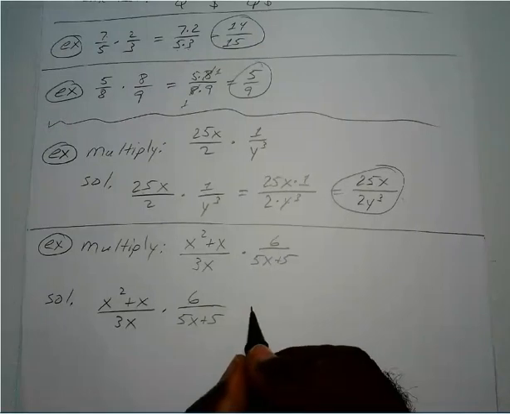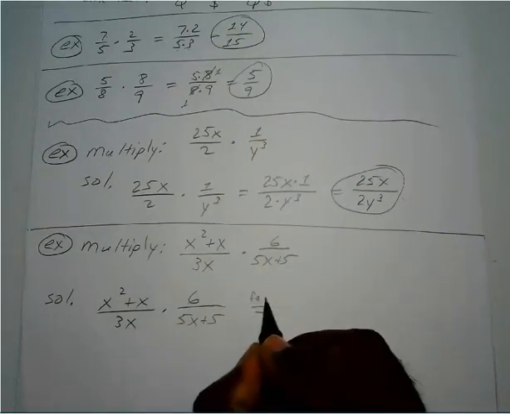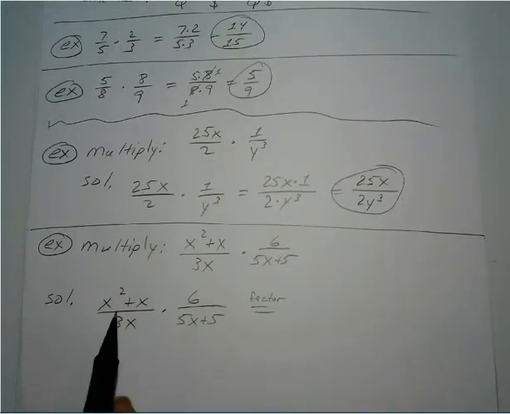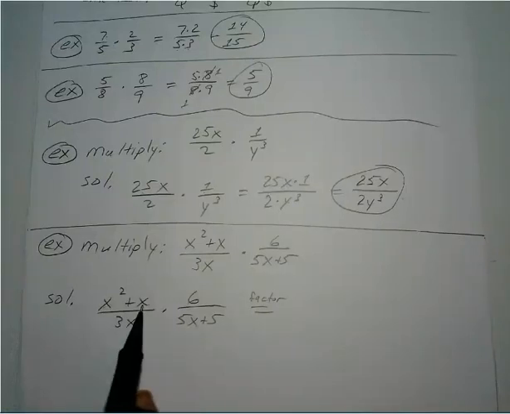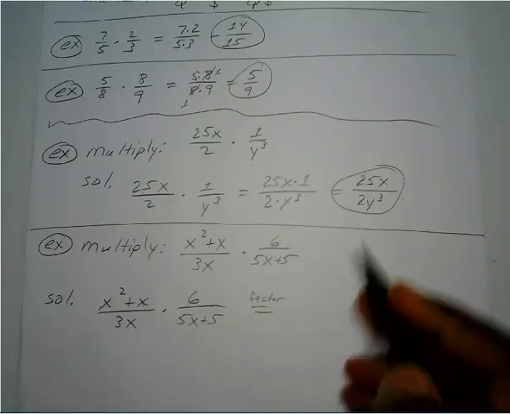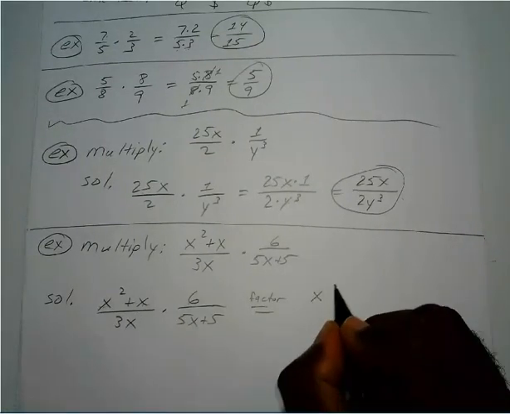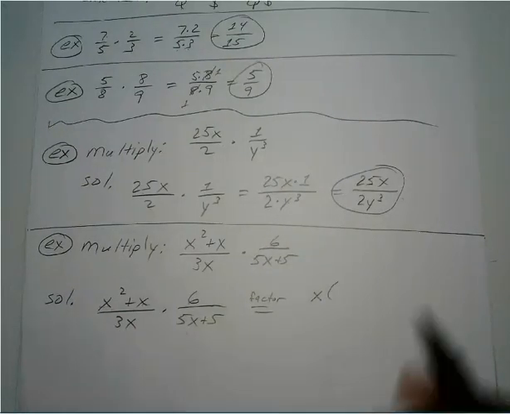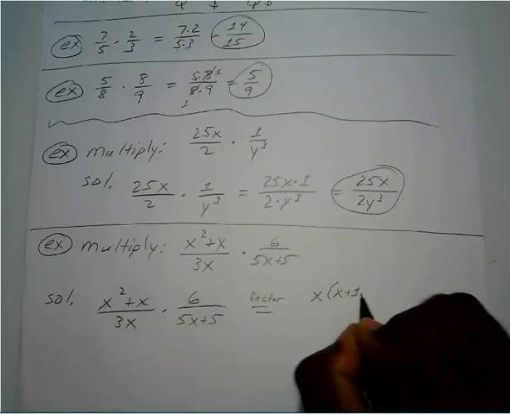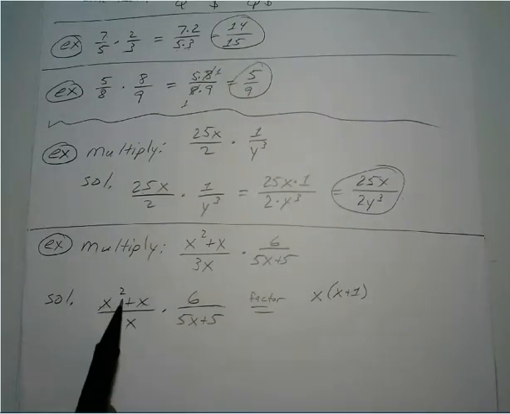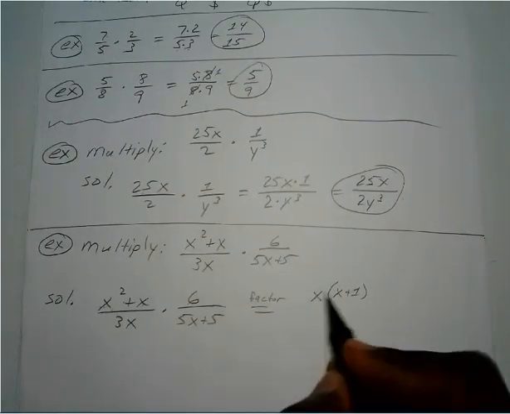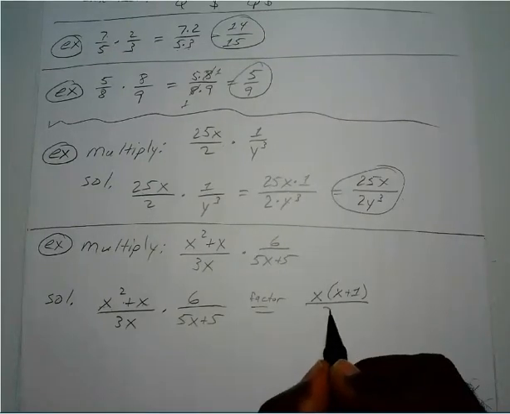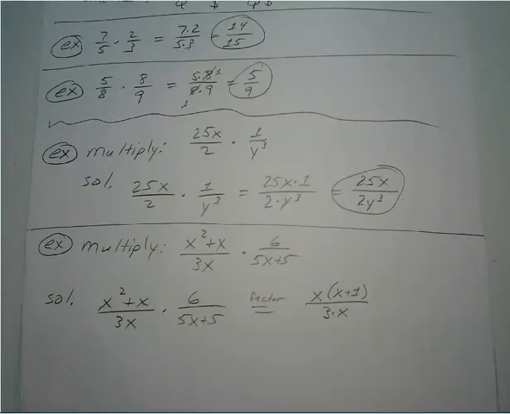Okay, so if we go ahead and factor our x squared plus x, we can actually factor an x out of both of those. So if we factor out an x, that leaves us with x plus 1. And if we distribute, you see we end up right back there. Over 3x is just 3 times x, so it's nothing really more we can do with that one.